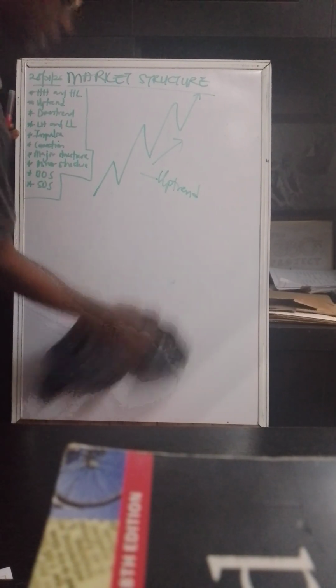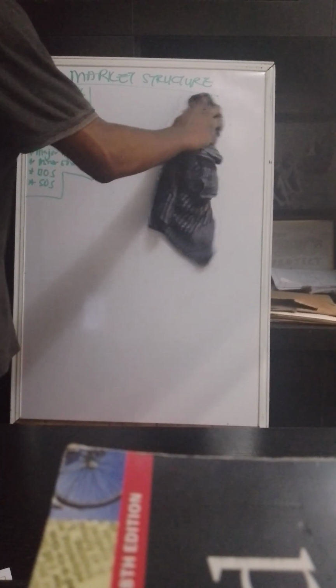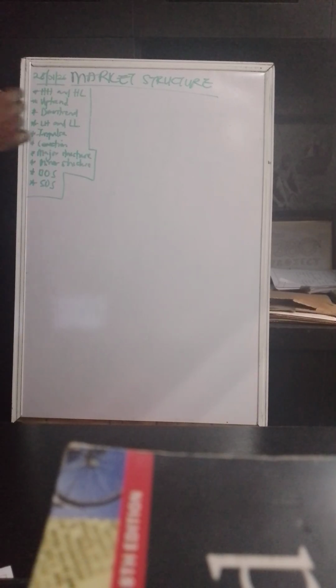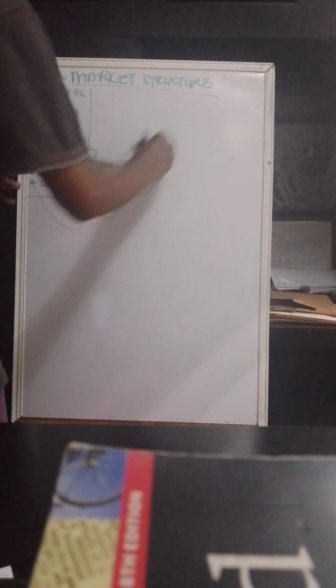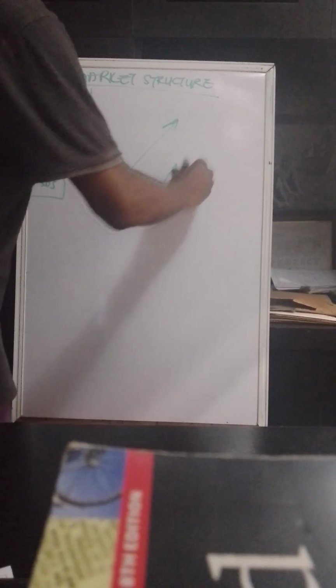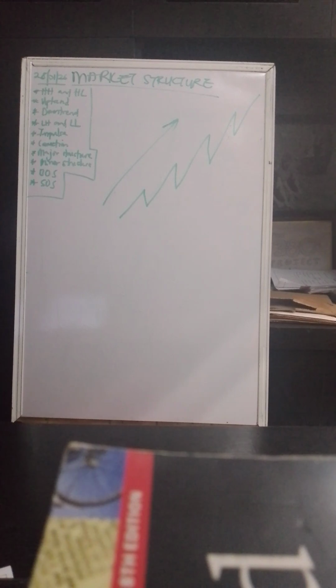Now, let's get into the more technical parts of market structure. Why do you notice that I always draw my charts not straight up, but in a zigzag format? Why I do this is because of highs and lows of the market.